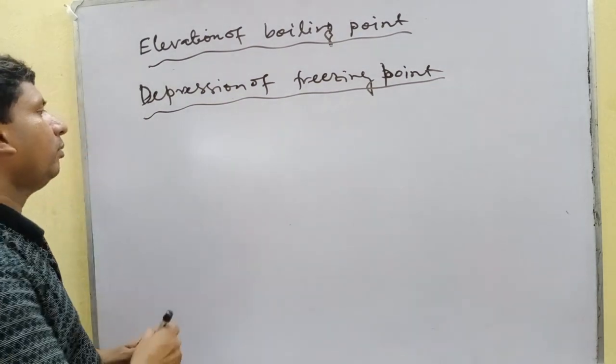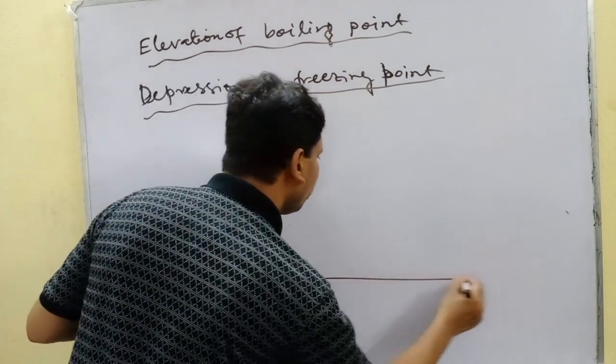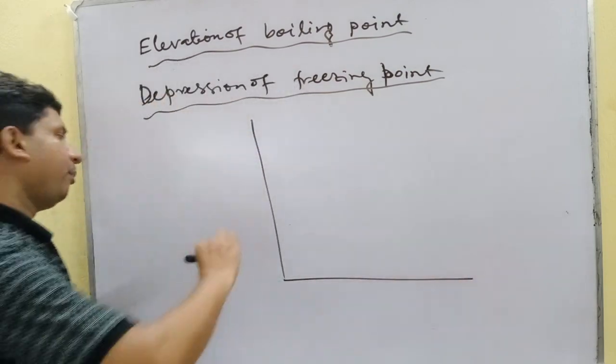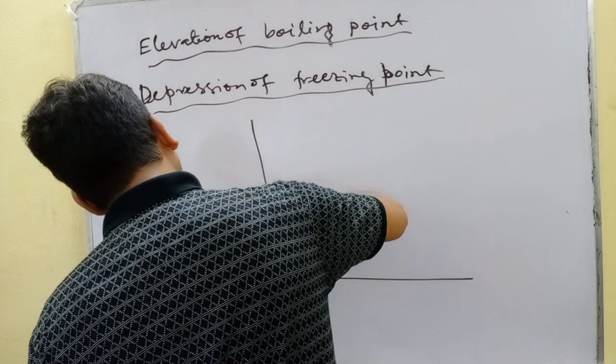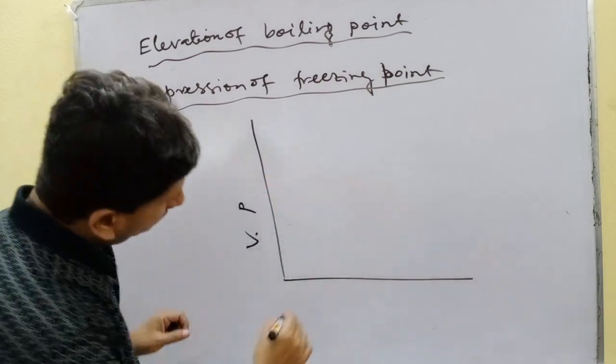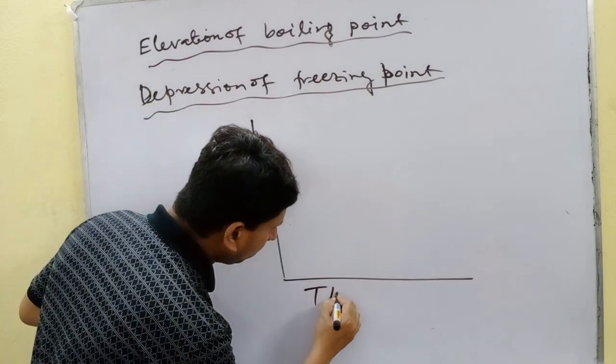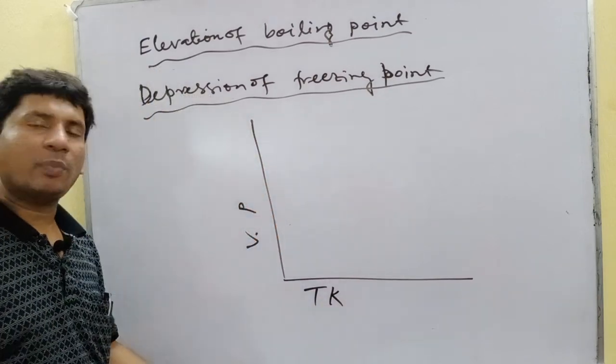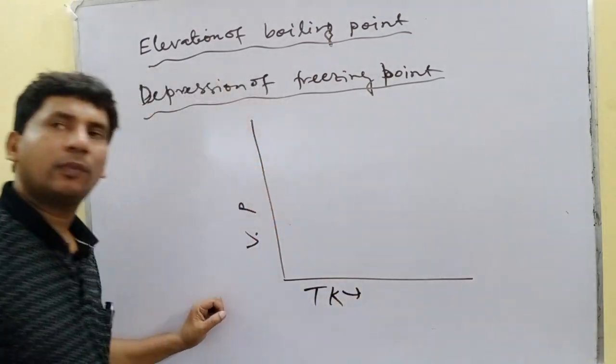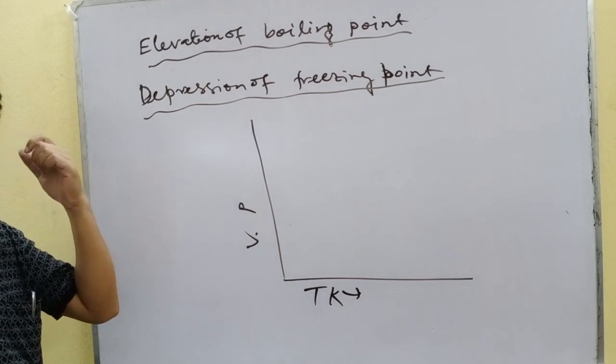And a similar graph, vapor pressure on this axis, temperature in Kelvin. What happens here?